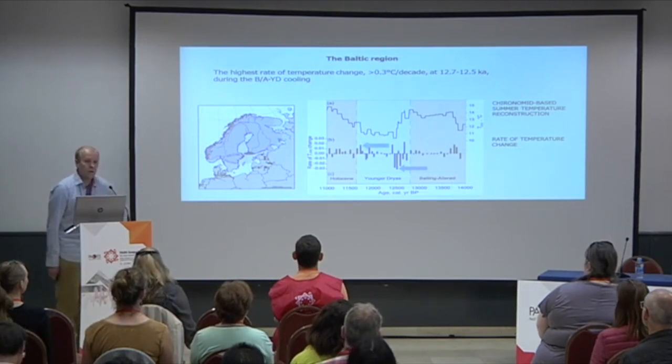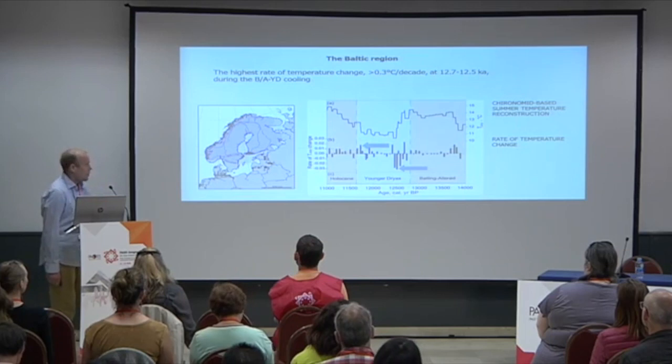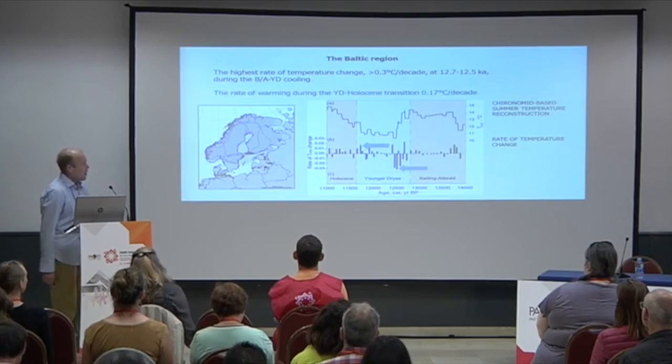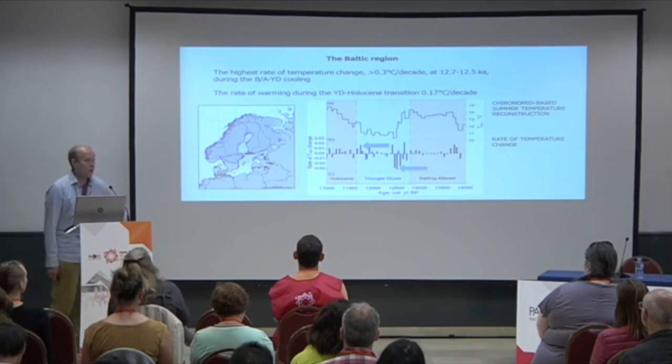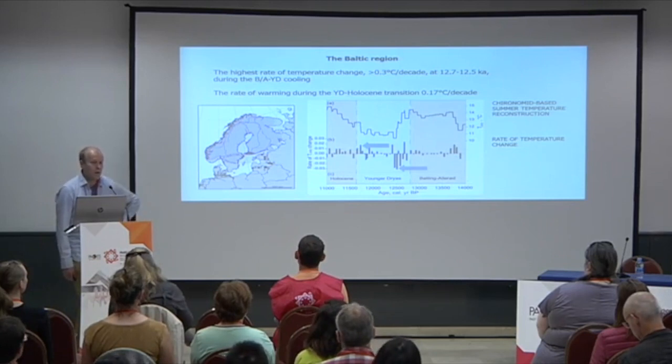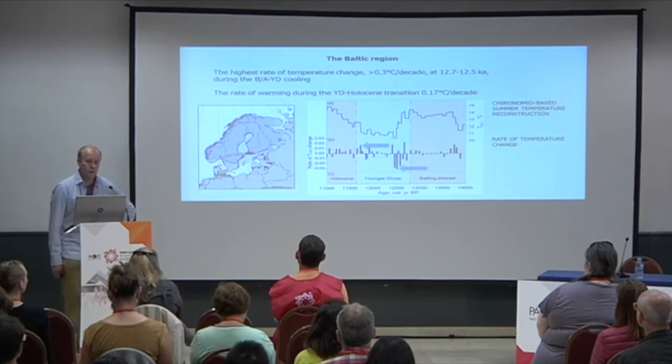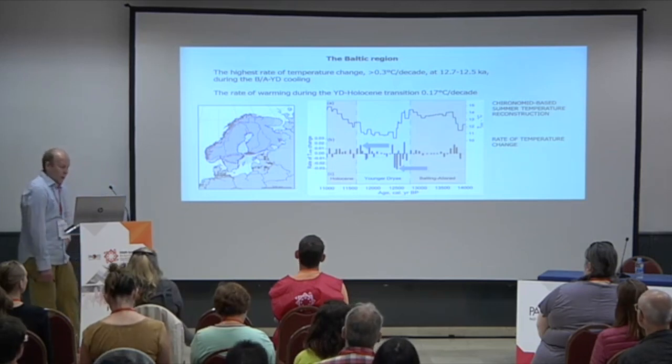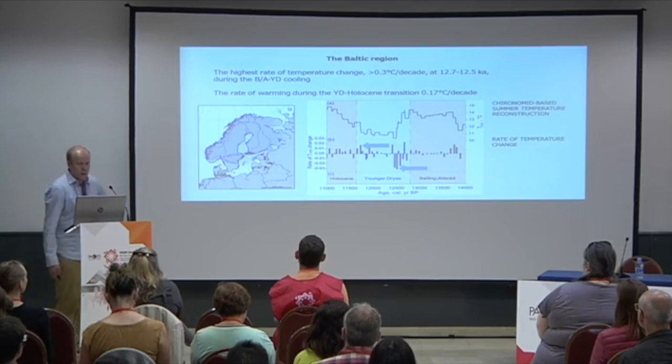And at the Younger Dryas-Holocene transition, indicated here, the highest rate of temperature change was 0.17 degrees per decade. So it's fast, but as a matter of fact, it is a little slower than the current Northern Hemisphere mean rate of temperature change, which is 0.2, as I said earlier. Okay, this is about the rate of temperature change.